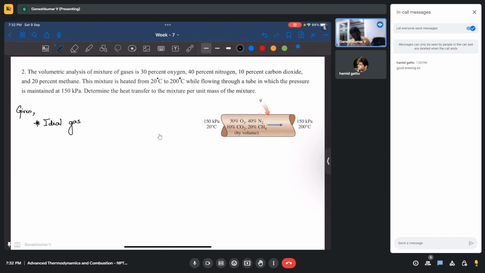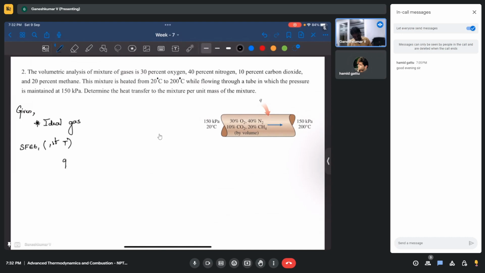We need to find heat transfer, right? So heat transfer would be the change in enthalpy. Basically, it comes from the steady flow energy equation, or the first law of thermodynamics. Both are the same.